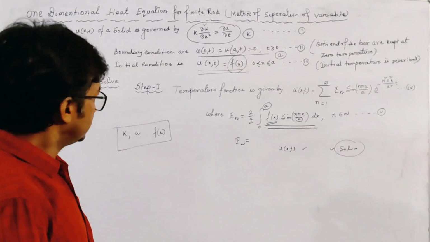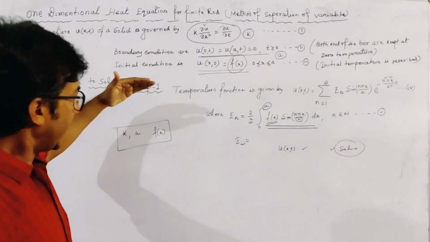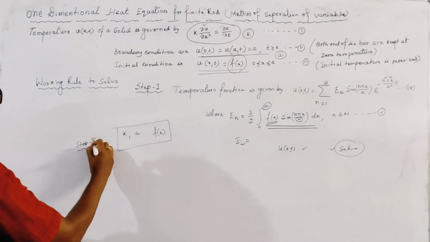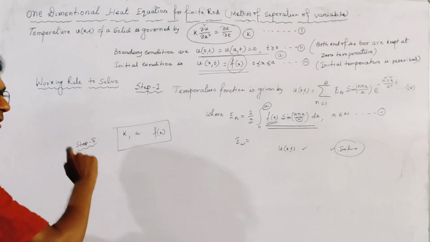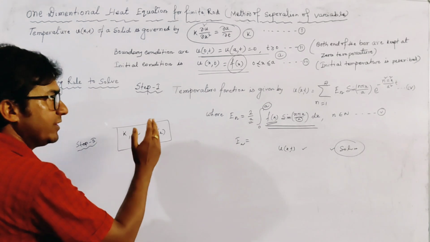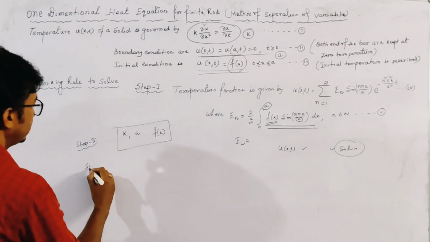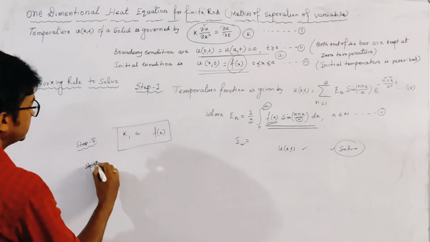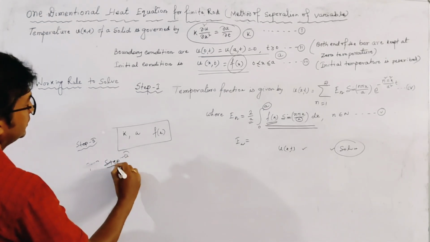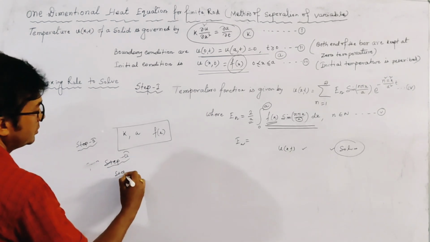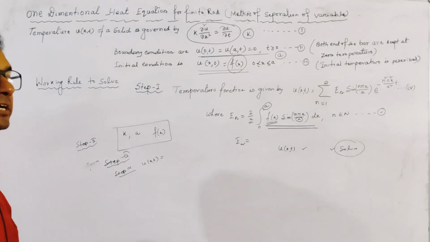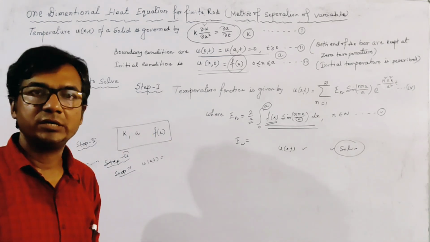So we follow step 1, and in step 2 we compare these three quantities. Then we put the values of k, a and f(x) in step 3, and in step 4 we get the complete, specific value of the temperature function u(x,t).